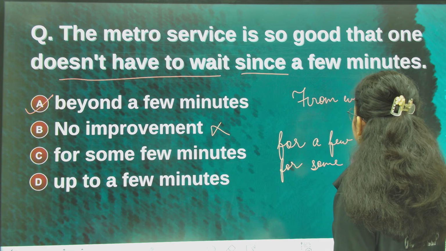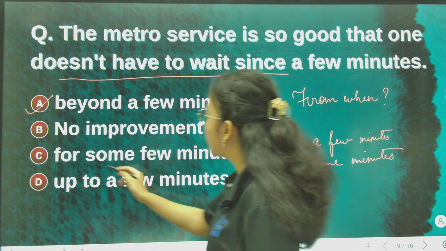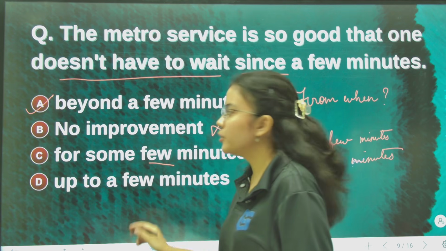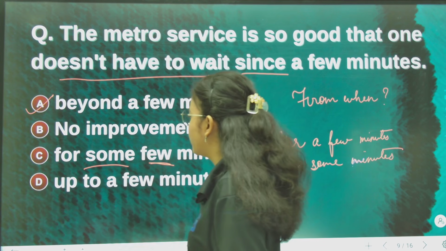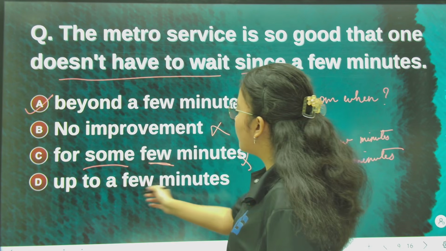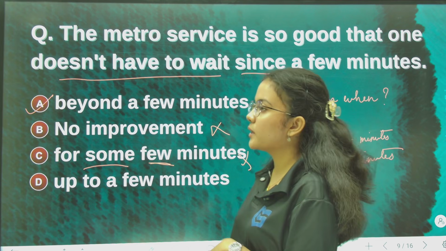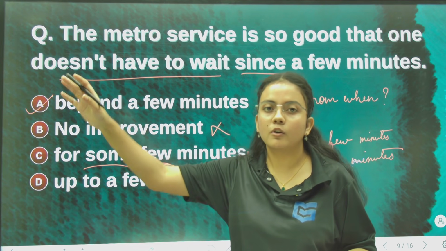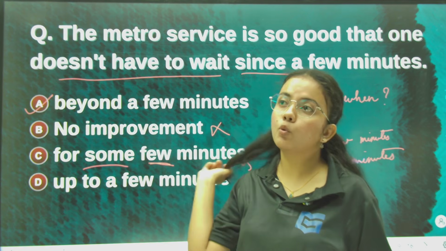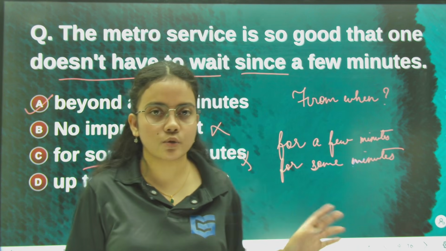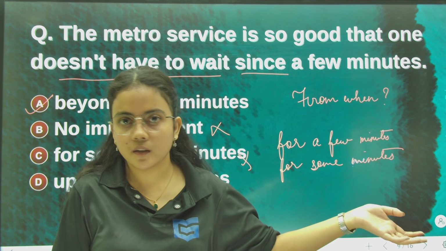It's either for a few minutes or for some minutes, so this is wrong. Up to a few minutes: doesn't have to wait up to a few minutes? This means waiting that many minutes, which is also wrong.